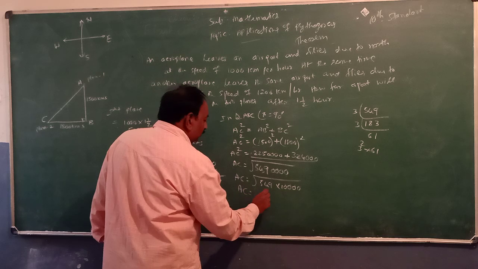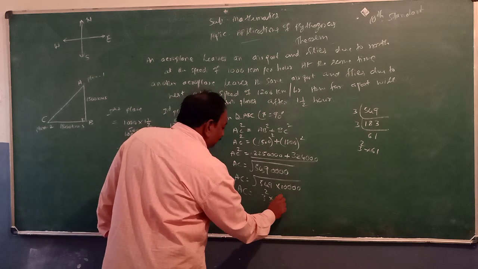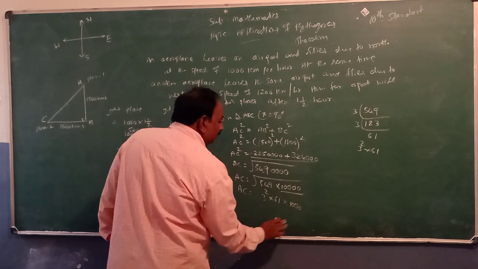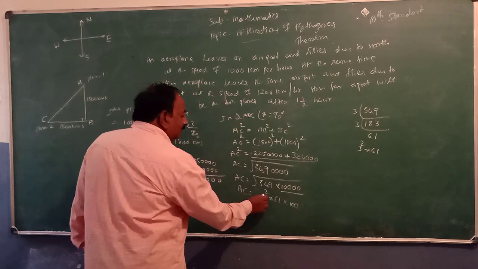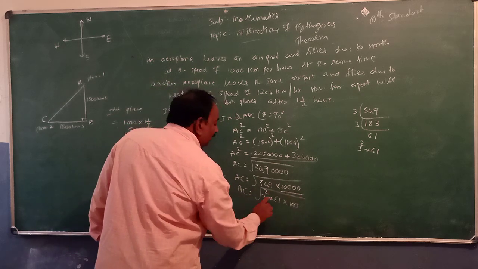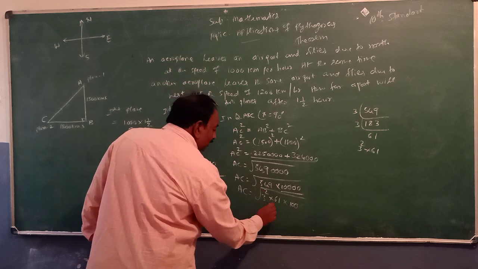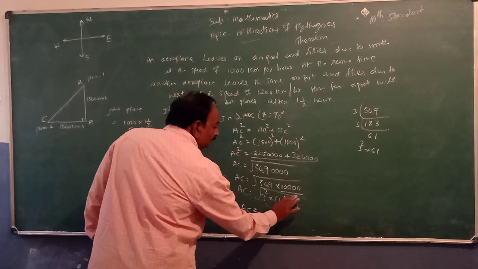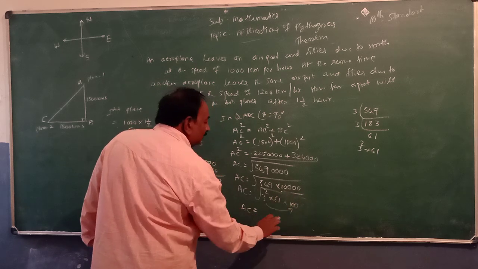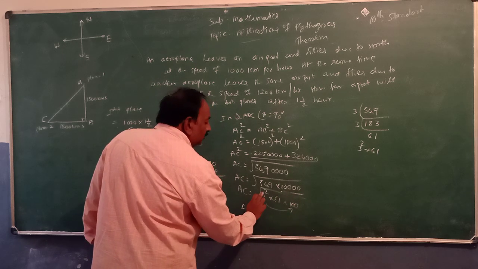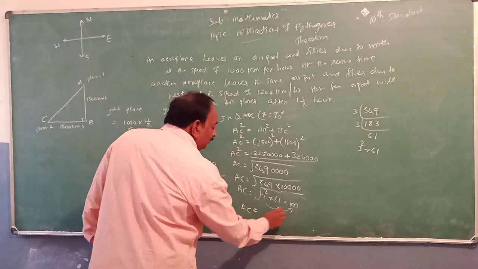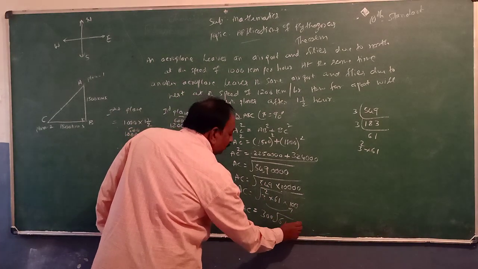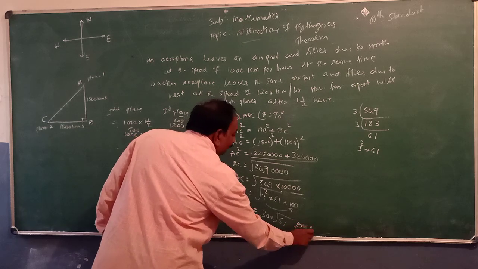AC is equal to root of 3 squared into 61 into root of 10,000. What is the root of 10,000? 100. Root of 3 squared is 3. So 3 into 100, 300, and no root for this one, root 61 kilometer.